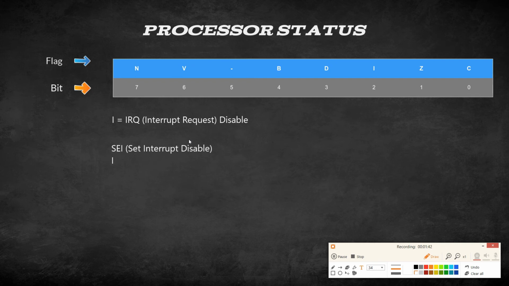You don't want anybody to stop you from doing that. And once you're done with that important part of the code, you're going to type the mnemonic CLI, which is clear interrupt disable.